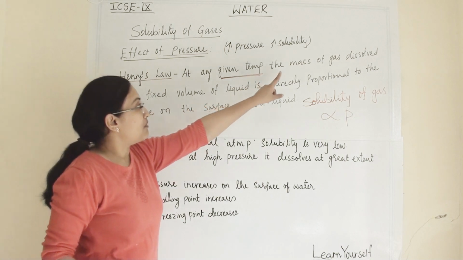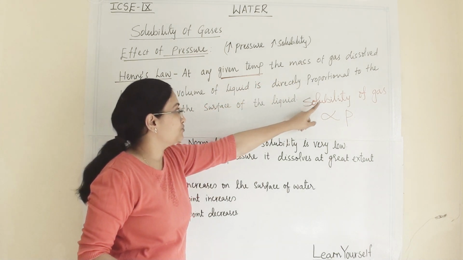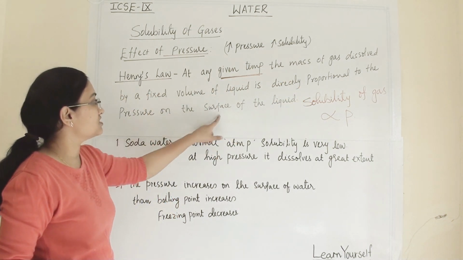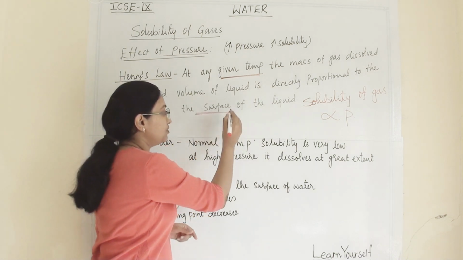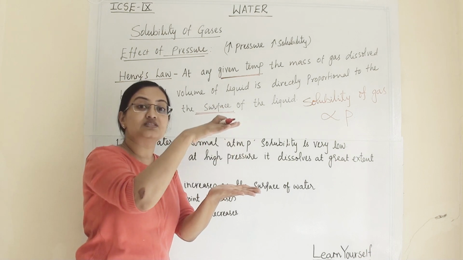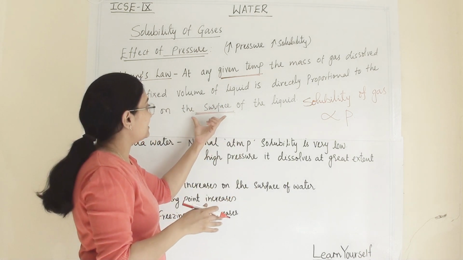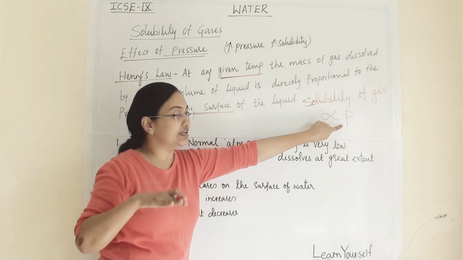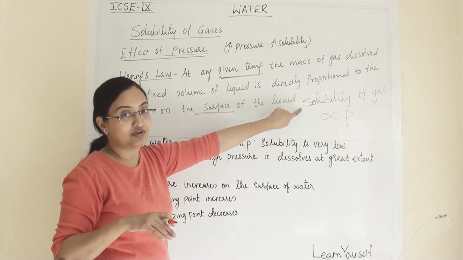Whatever mass you want to dissolve, whatever solubility you achieve, is directly proportional to the pressure on the surface of the liquid. Why the surface of the liquid? Because we are pressurizing a liquid from the top, from the surface, so whatever pressure we apply on the surface of the liquid is directly proportional to the solubility of the gas.